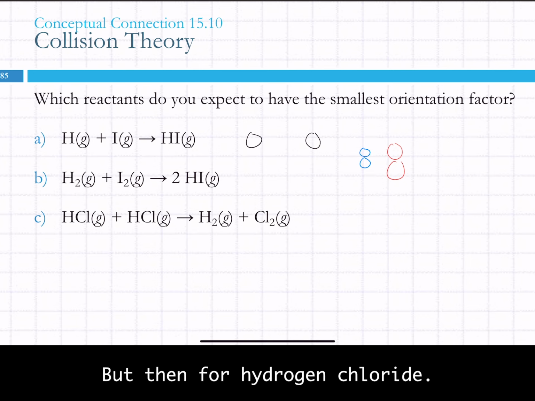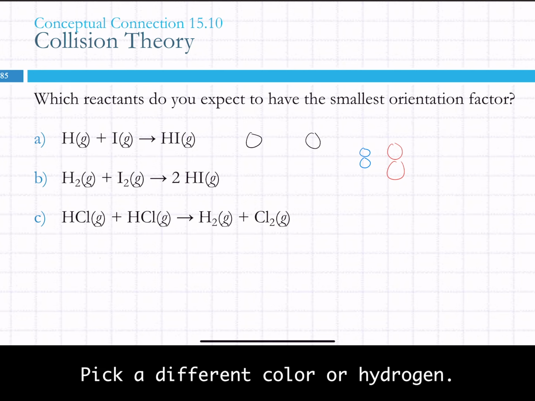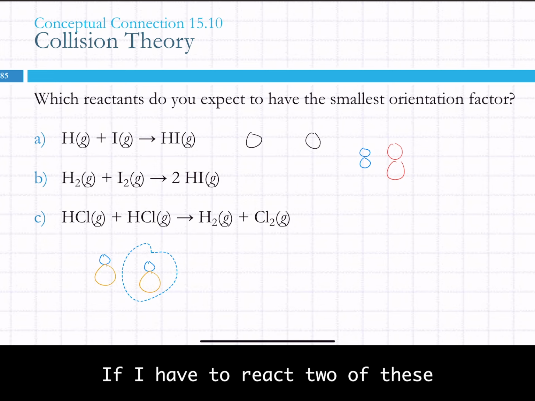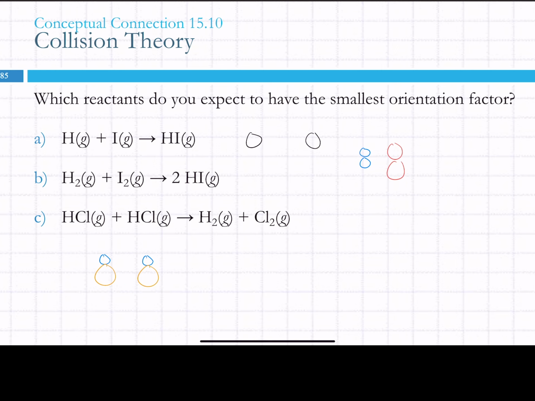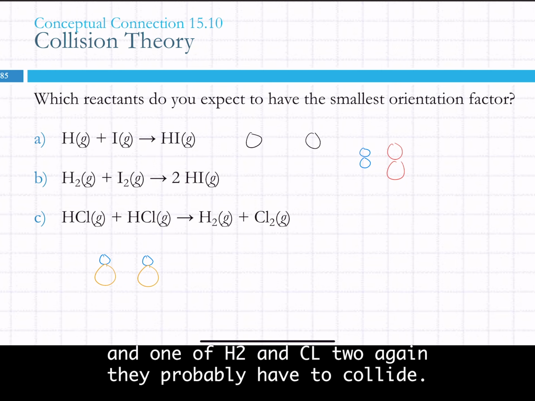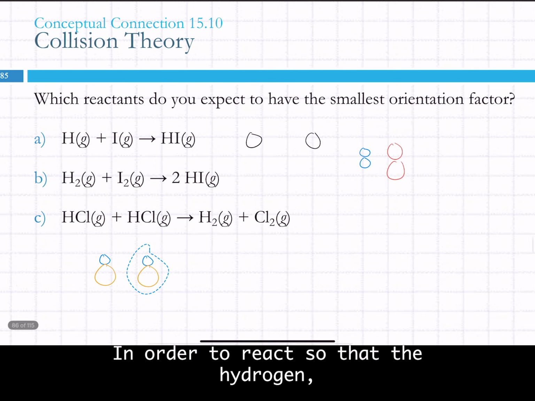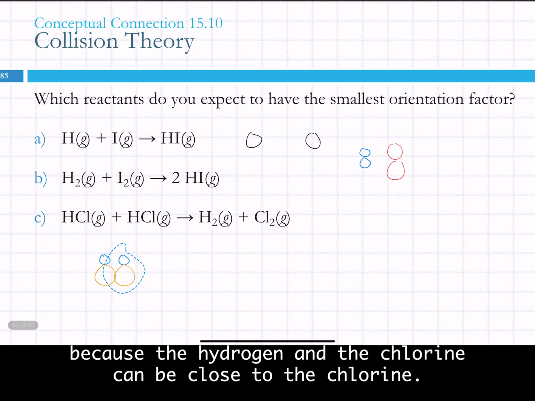But then for hydrogen chloride, if I have to react two of these, and I want to get H2 and Cl2, again, they probably have to collide end on in order to react so that the hydrogen can be close to the hydrogen and the chlorine can be close to the chlorine.